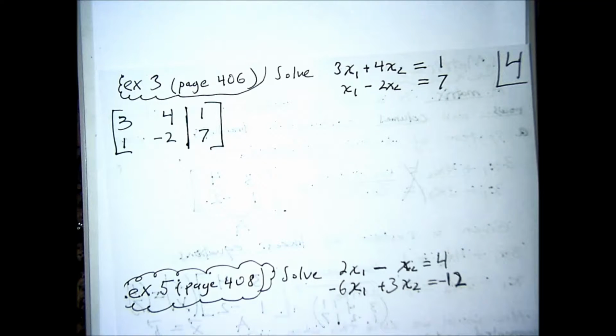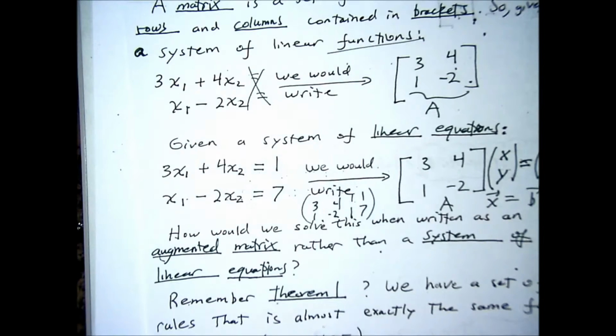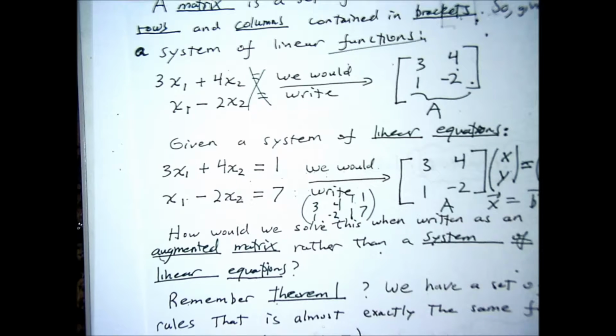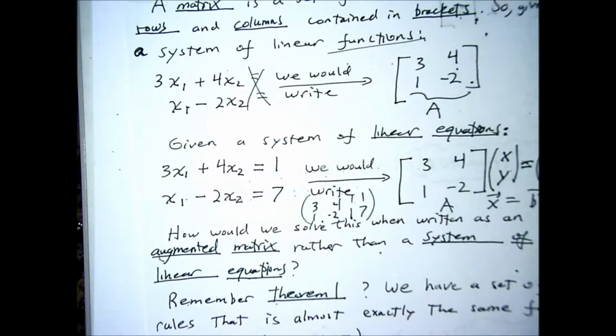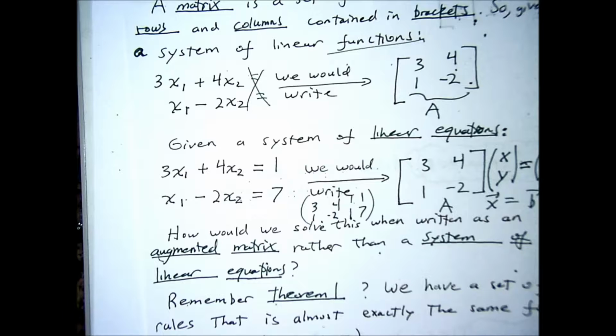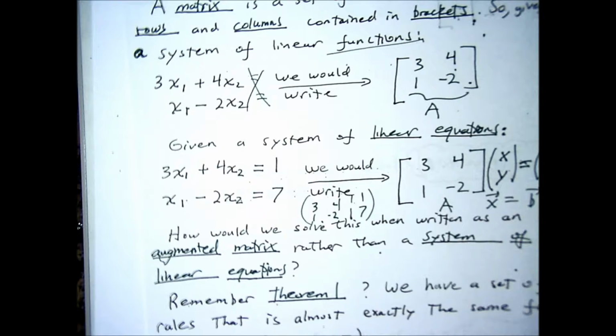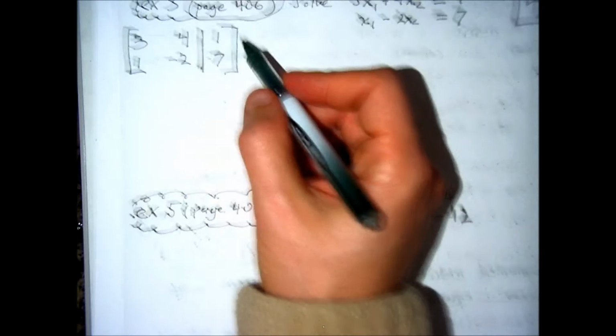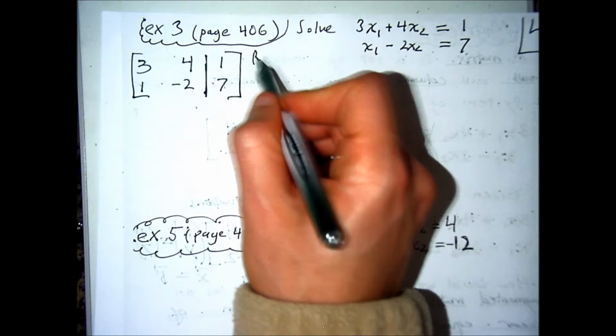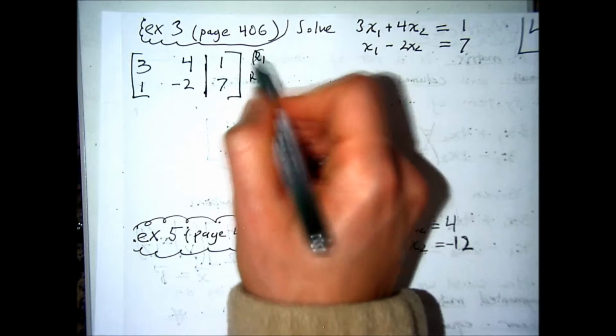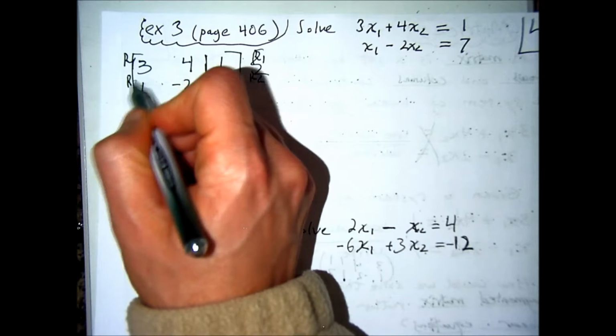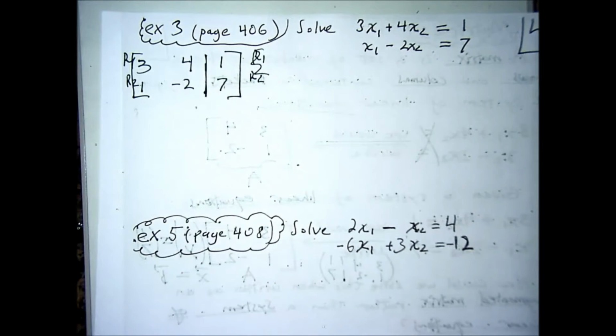So start getting used to calling them these row operations. We want to call the rows R1 and R2, and then we'll add them and multiply them and all that stuff.